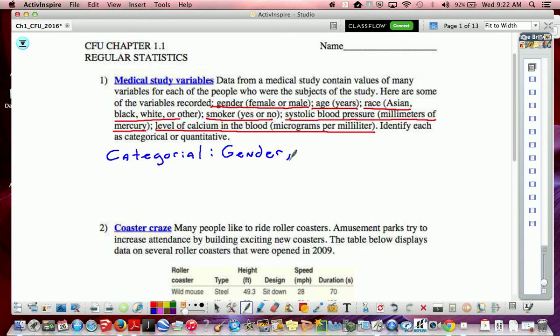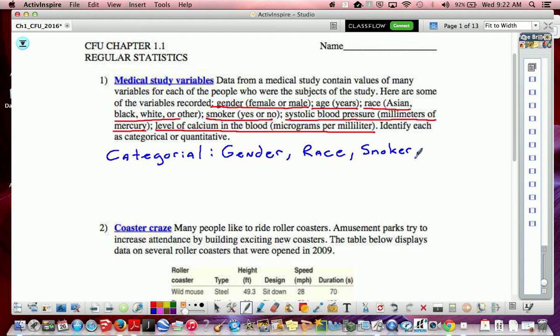Age, years, since that's numerical, no. Race, since you're put based on your race, Asian, black, white, or other, you're placed in a category. Okay. Smoker, that's a yes, no question, so that's definitely categorical.